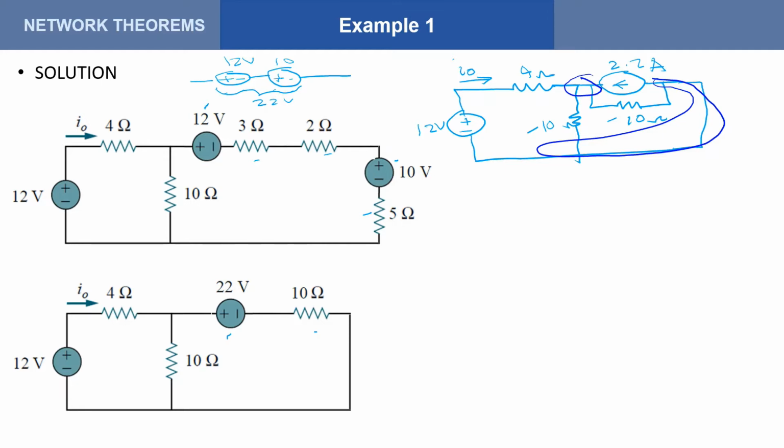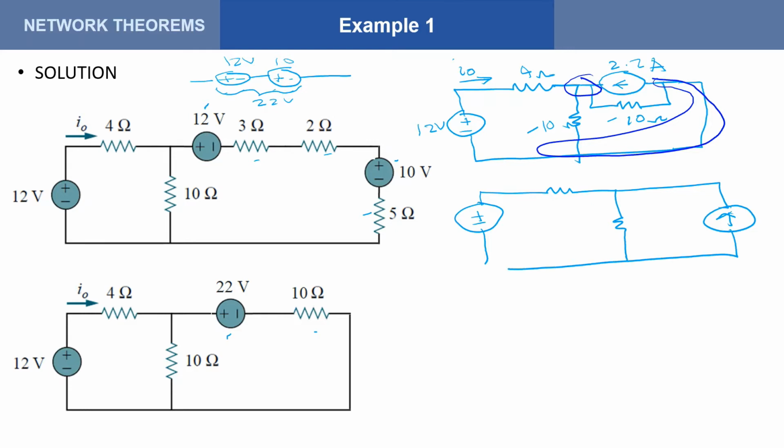So therefore I can further reduce the circuit or redraw the circuit into something like this. Okay, so like that. So this is 4 ohms, this is 5 ohms, and this is 2.2 amperes. Okay, so this is our I naught, and here is 12 volts.